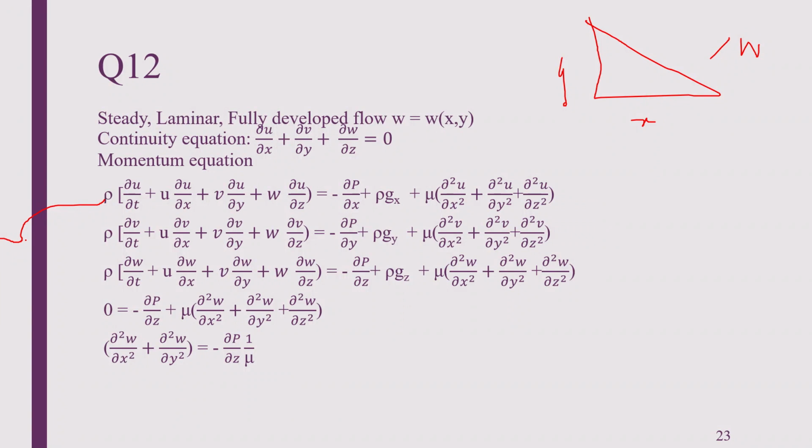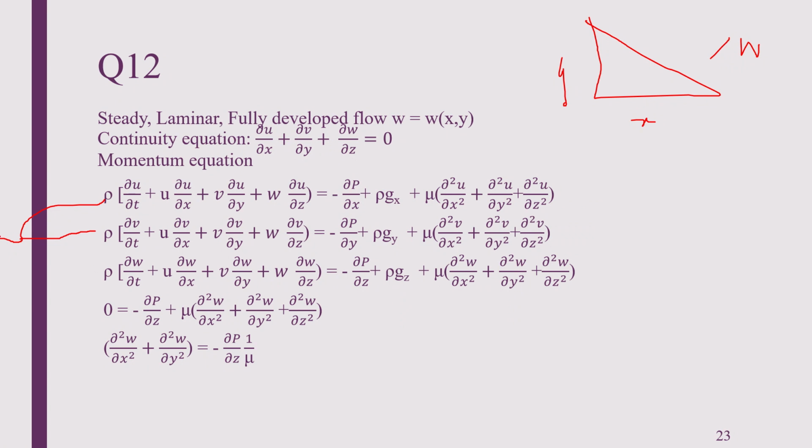For the y component: rho times dou v by dou t plus u dou v by dou x plus v dou v by dou y plus w dou v by dou z is equal to minus dou p by dou y plus rho gy plus mu times dou square v by dou x square plus dou square v by dou y square plus dou square v by dou z square.